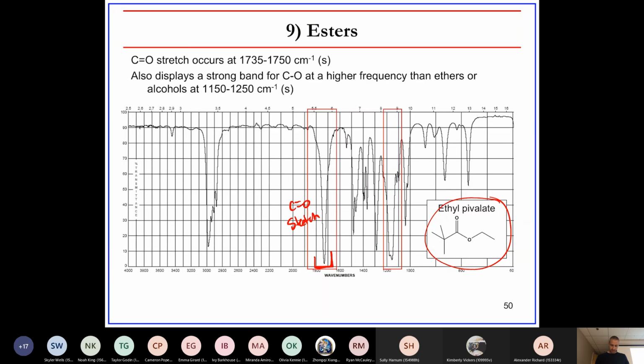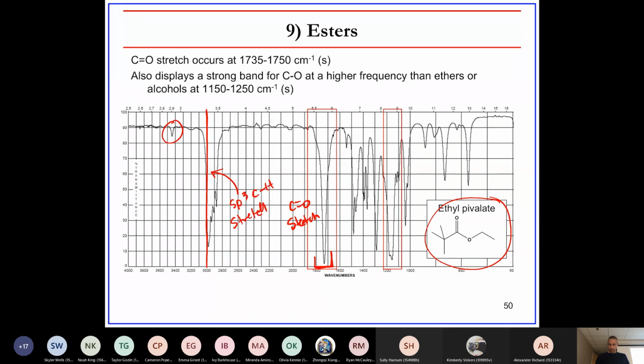Other than that, vertical line at 3000, there are no peaks to the left of that line. By the way, little things like that you can just ignore. There are sometimes little tiny peaks that we call overtones, which you can forget about. This would be an sp3 CH stretch.